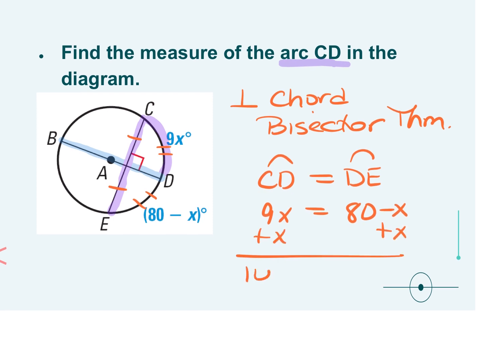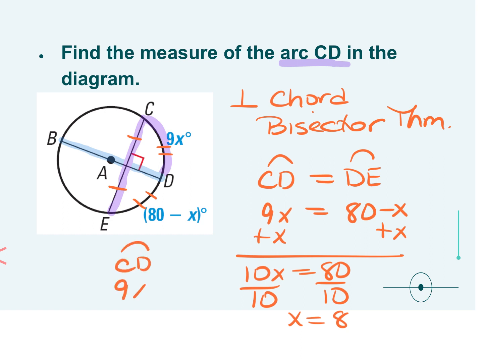I get 10x equals 80. Divide by 10, and x equals 8. Now, it didn't ask for x. It wanted the measurement of arc CD. Remember, CD was 9x. So take out x, plug in 8, and the measurement of arc CD is 72.